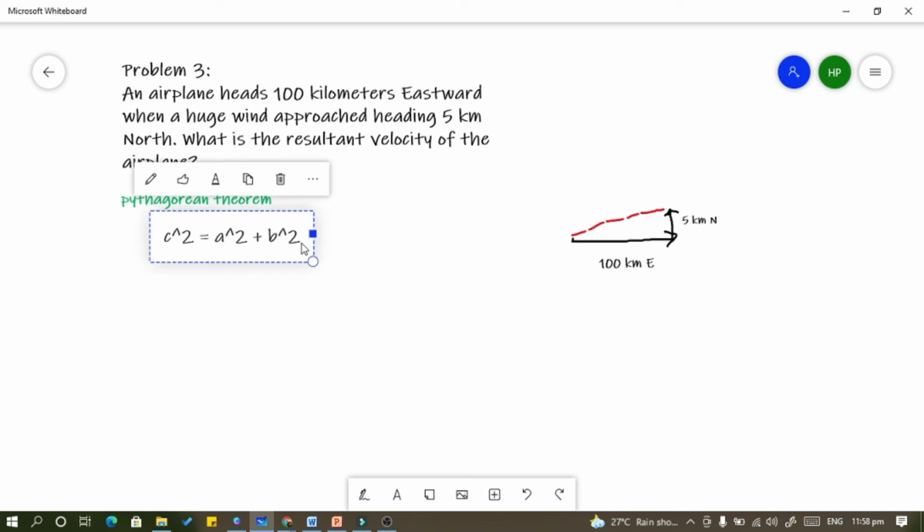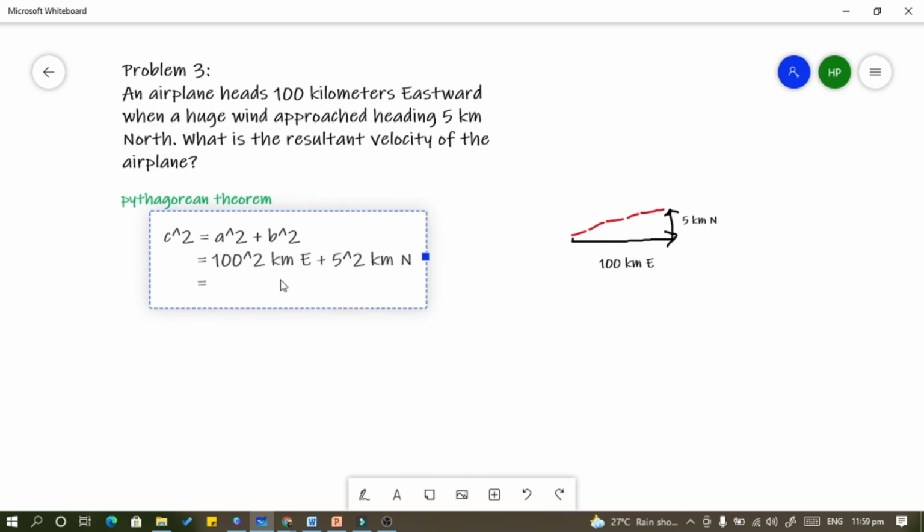Now let's try to solve the resultant velocity of the problem. So c squared will be the 100 kilometers squared plus the 5 kilometers squared. 100 squared is equal to 10,000 kilometers. Plus 5 squared is equal to 25 kilometers north. 10,000 plus 25 is equal to 10,025 kilometers northeast.